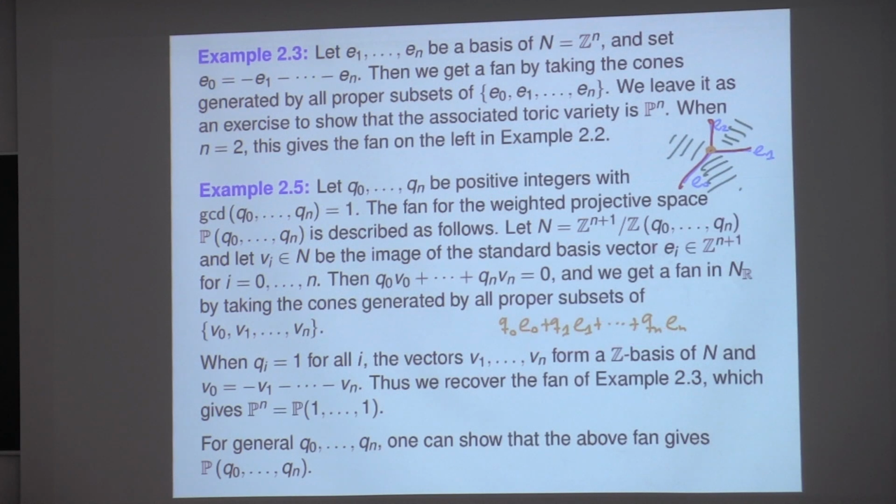So this thing is 0 when you take the class. Then this relation is 0 in the quotient, because it's the image of this guy that is what we are modding by.